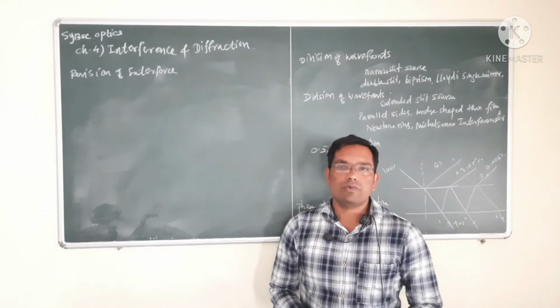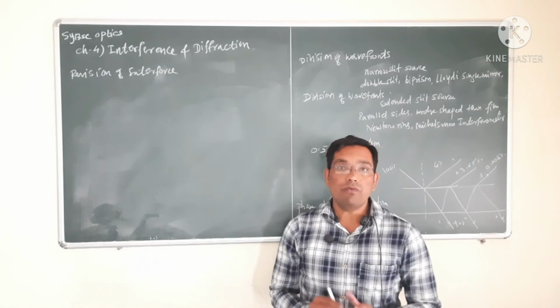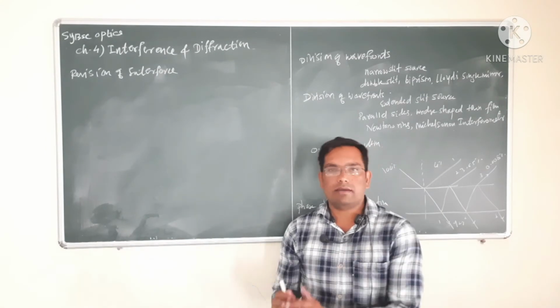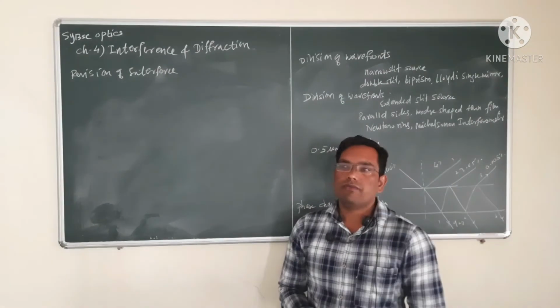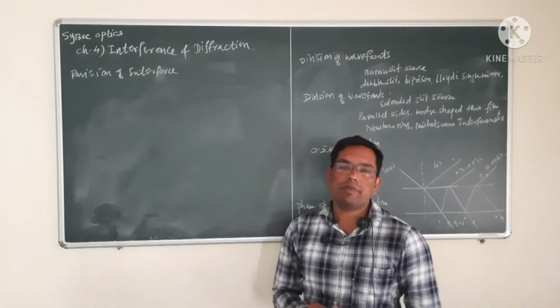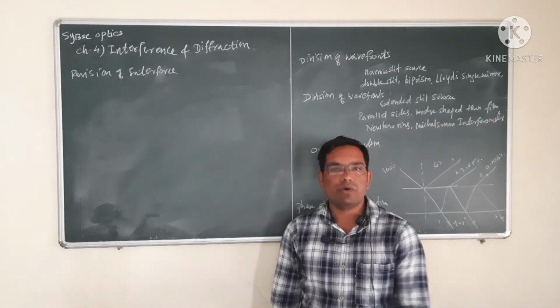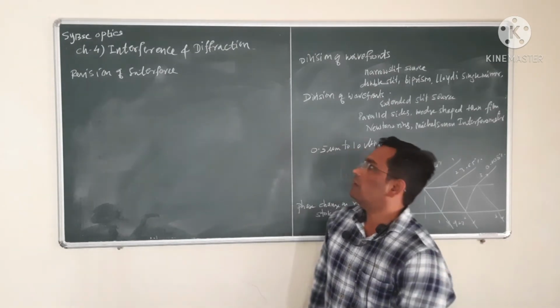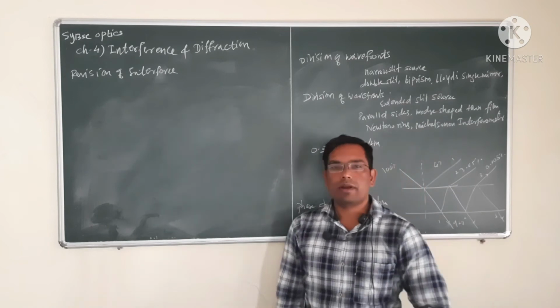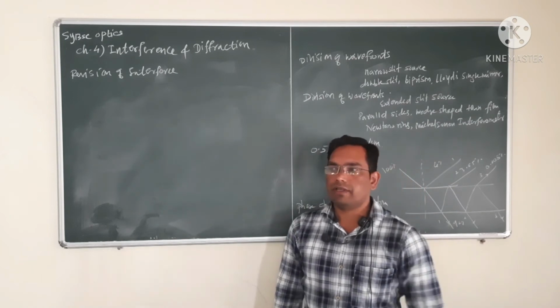Okay, so we have to take into consideration wave nature of light, and from that ground we are going to study these two phenomena, because these two phenomena are observed for waves. So first of all, I'm sure you already studied what is meant by interference.